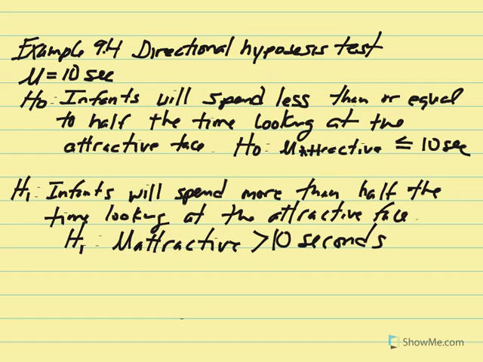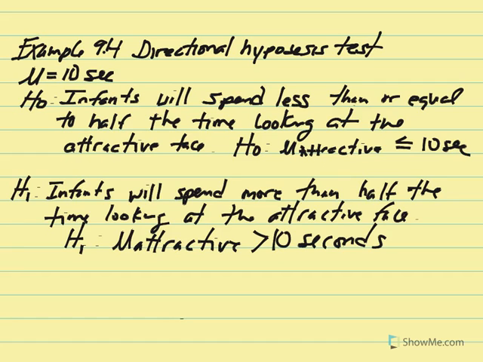Now, when we're verbalizing and writing the research and null hypothesis, I often recommend that you begin with the alternative or research hypothesis first. The reason for that is you have that direction in your mind.